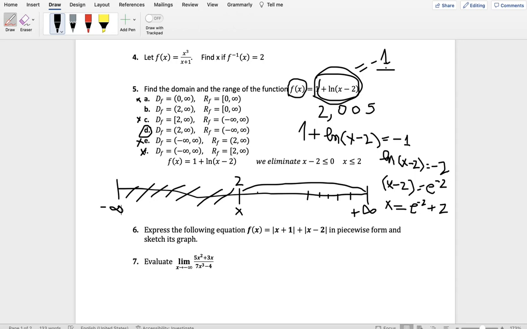So if you take a value like -1, which is not in the range, and you solve for x, which is what we did here, you find the value of x, which is 2 plus e to the -2. Now, this value of x that we found here, is it greater than or smaller than 2? I'm asking you guys.